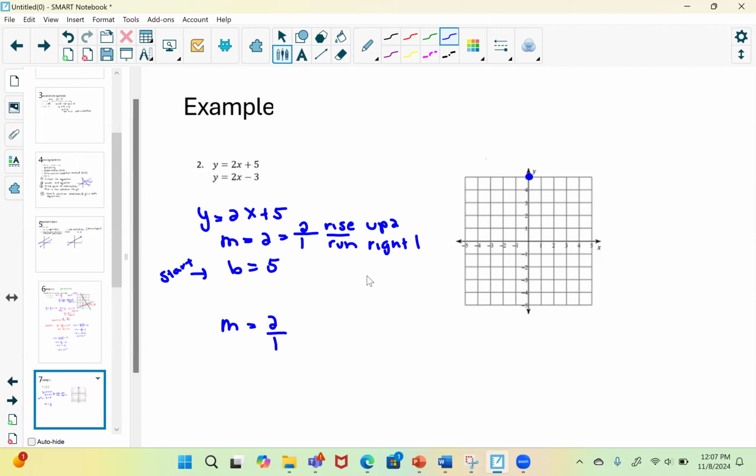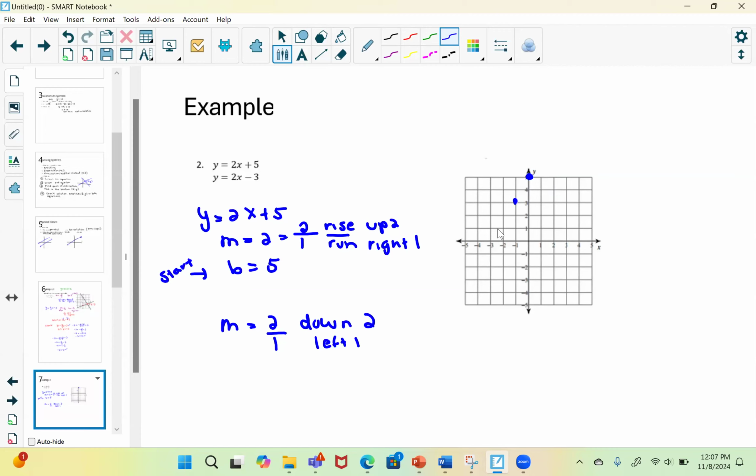So we could go up 2, right 1, or we could go down 2, left 1. Because if I do that and I draw this line, I'm still going to get the same line as if I went up 2, right 1. So you can always go in the complete opposite direction.